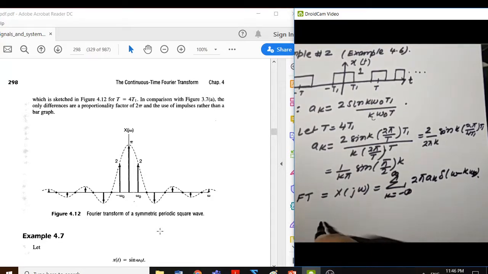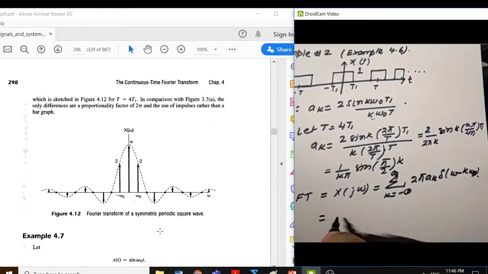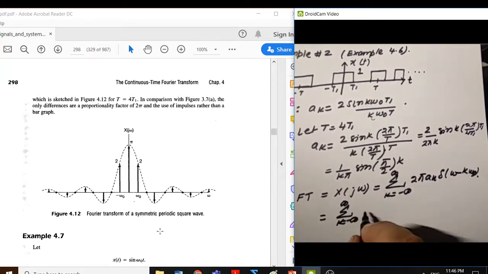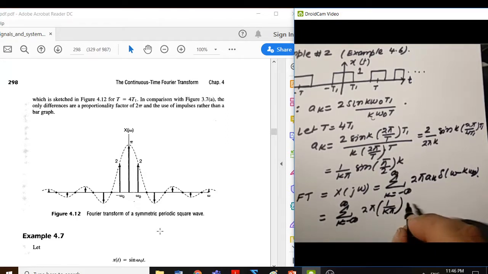So this becomes equal to, once I substitute all the values, the sum from k equal to minus infinity to infinity of 2 pi into 1 by k pi sine(pi k by 2) into delta of omega minus k omega naught.